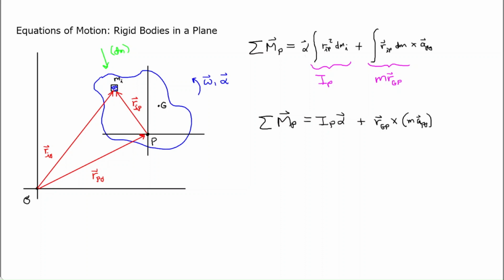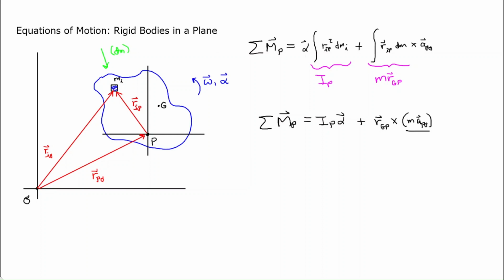Now, this might look very helpful, but it's not that helpful. Whenever you see M times A together, it makes you think of net force, but it's not the right point. The correct point for M times A is the centroid, not point P.